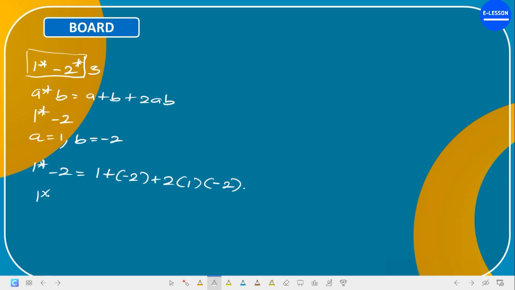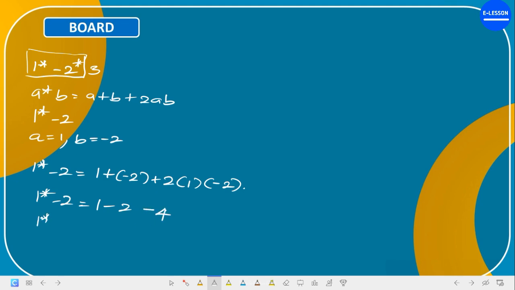And this gives us 1 plus times minus is minus 2, plus 2 times 1 is 2, times minus 2 is what? Minus 4. So this whole process here is equal to minus 4.